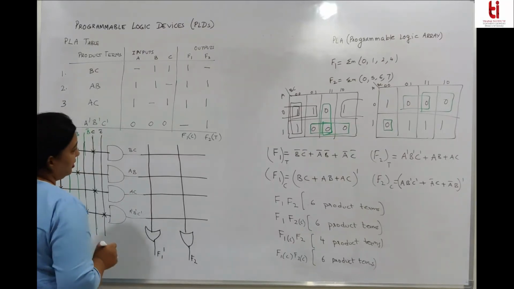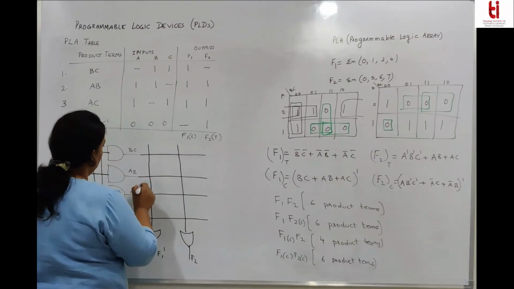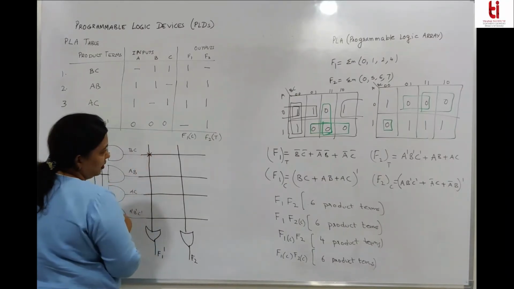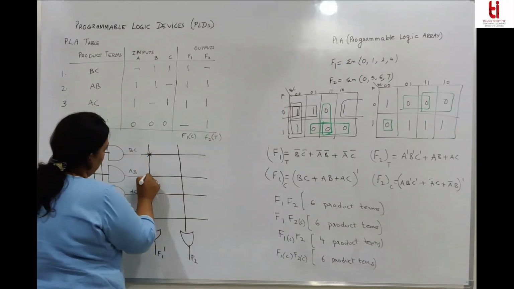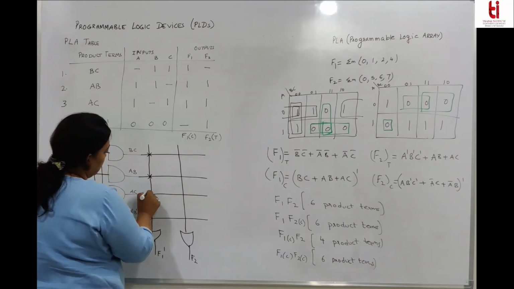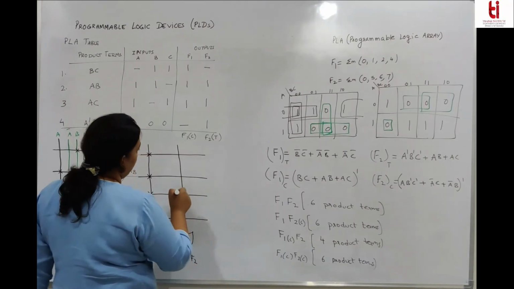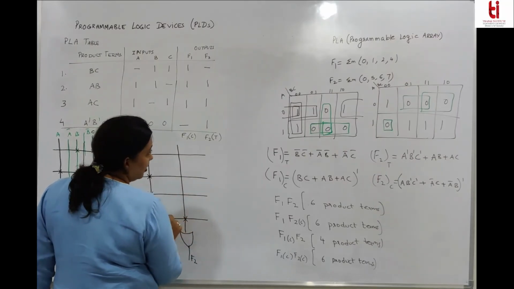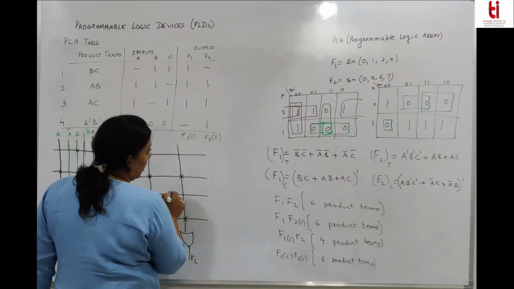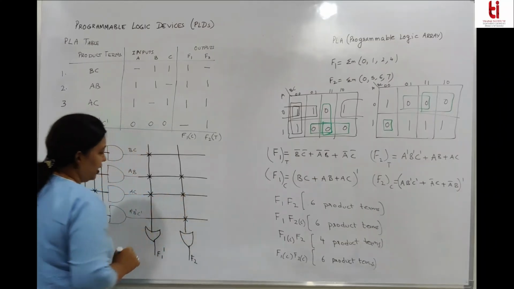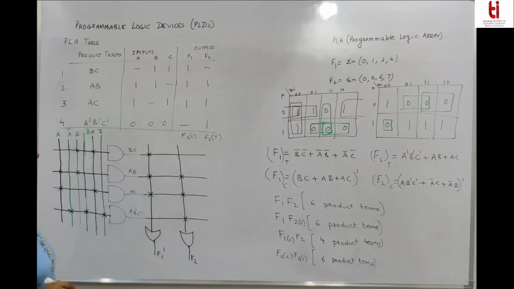Now what is F1 bar? BC plus AB plus AC. Fine. And what is this? A bar, B bar, C bar, AB and AC. This is F1 and F2. Now we want F1 and F2. I don't want the implementation of F1 bar.